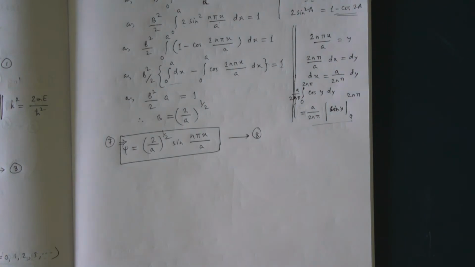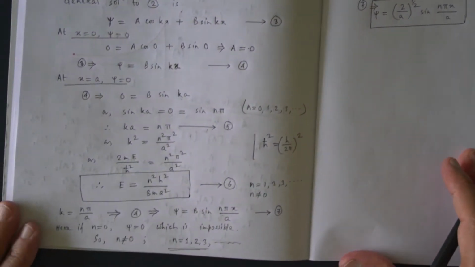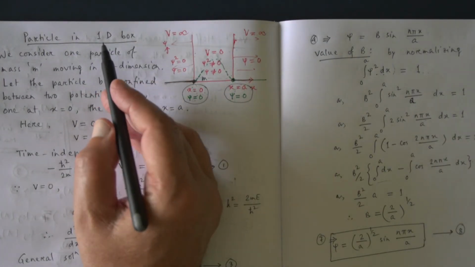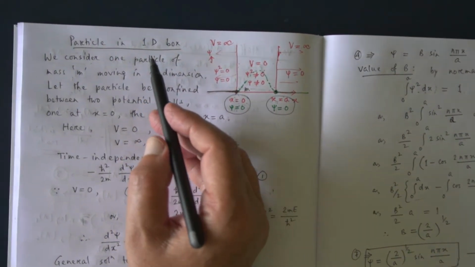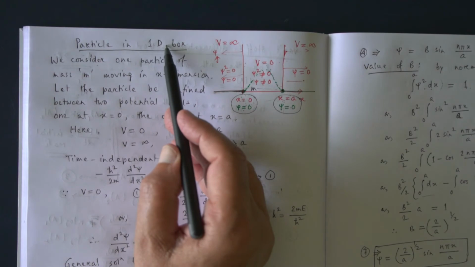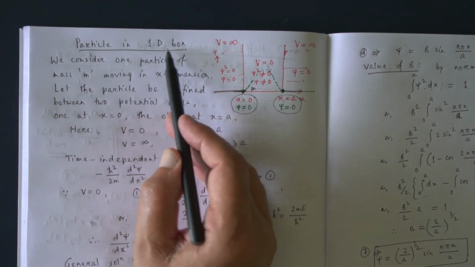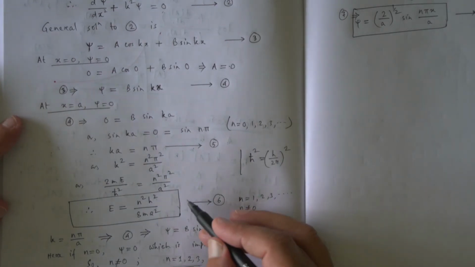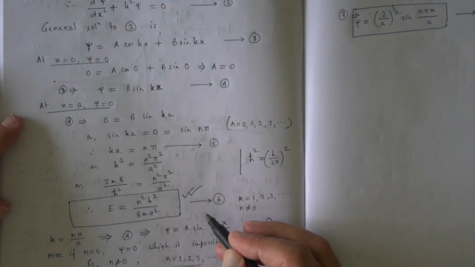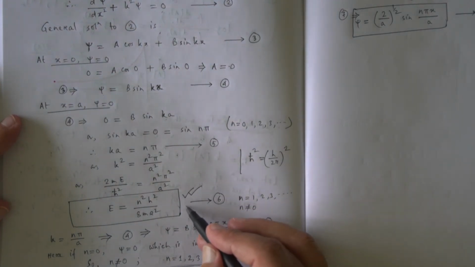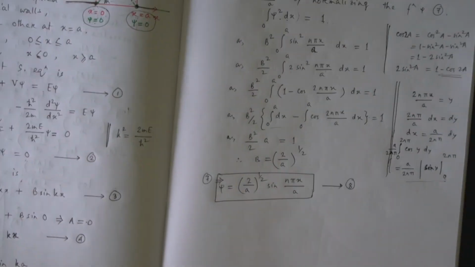So you see, by solving the Schrodinger equation for the particle in a one-dimensional box, we have got two things. One is energy, the other is the wave function.